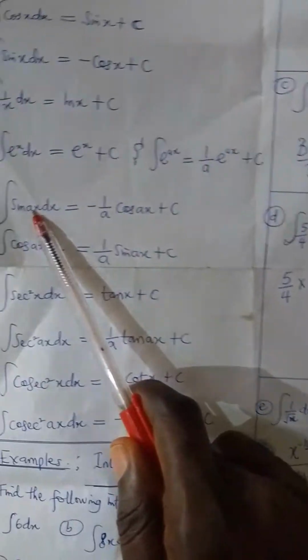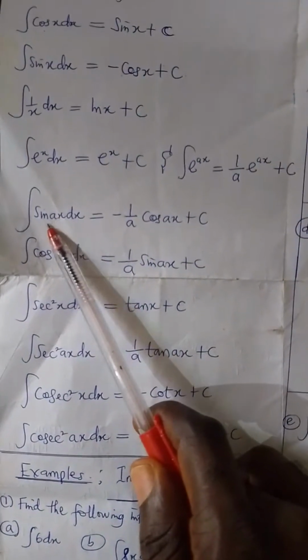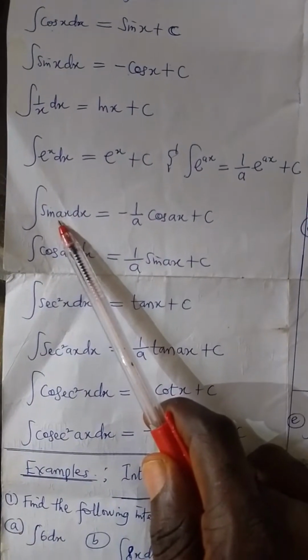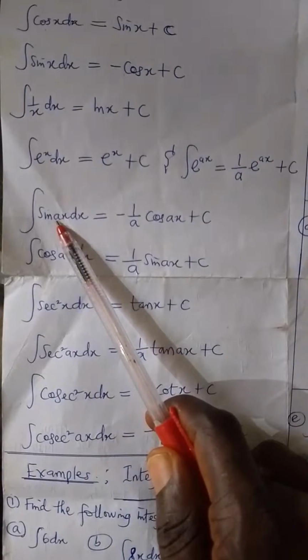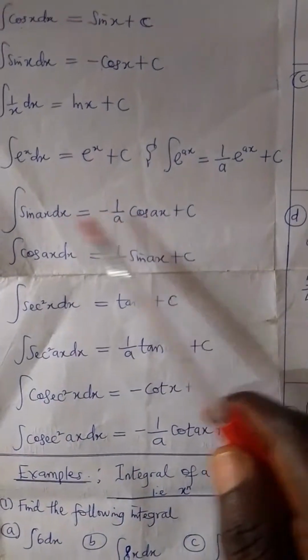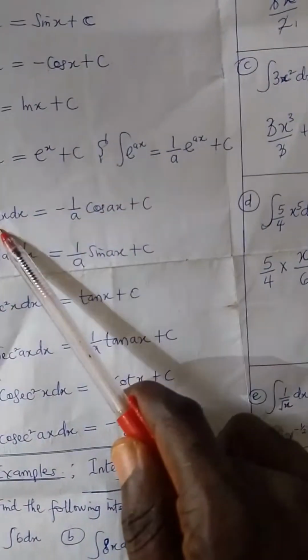So now you're going to see something here. You see this ax, there might be a constant. If there is a constant, what we are going to do is, if it is sine, it will be negative first. Then you say 1 all over that constant.